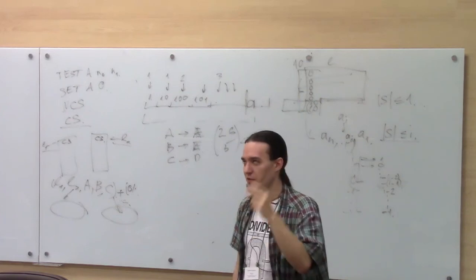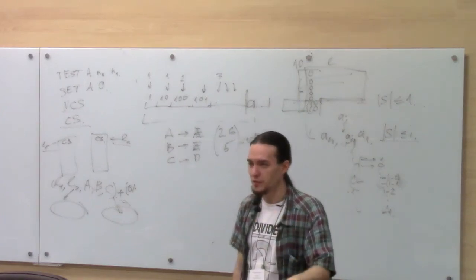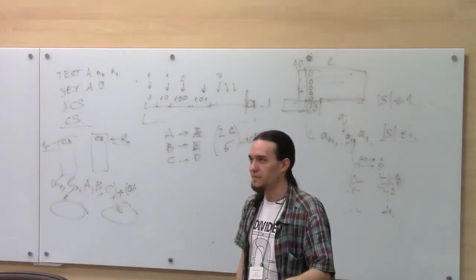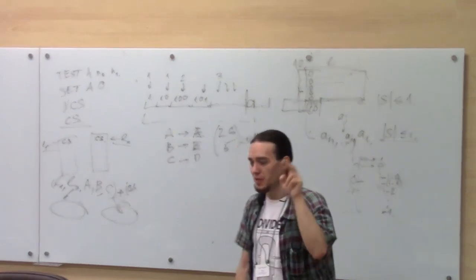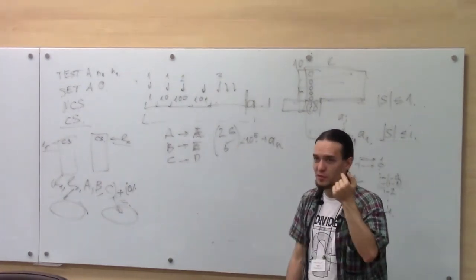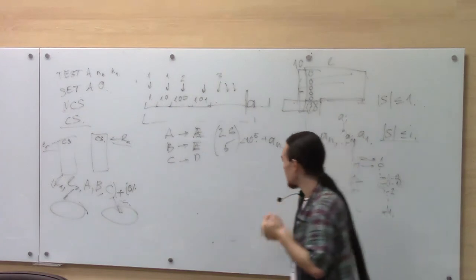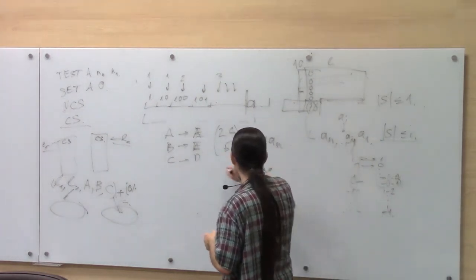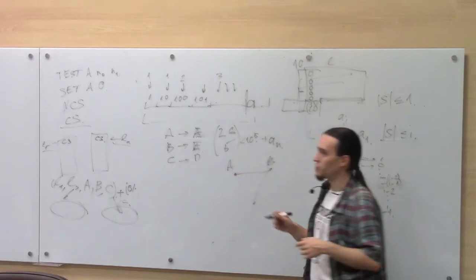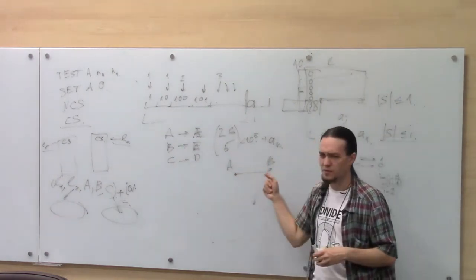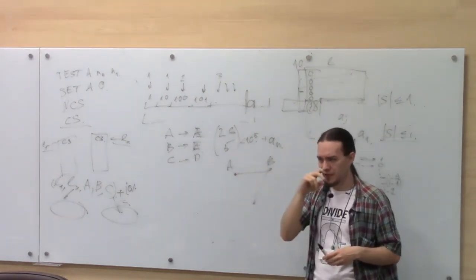For letters A and B, we remember if there is any place in the string where they are adjacent. So we want to construct a graph on letters, so that an edge between two letters means that they occur together in some place of the text.